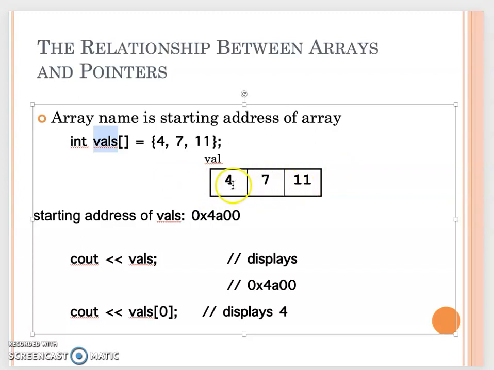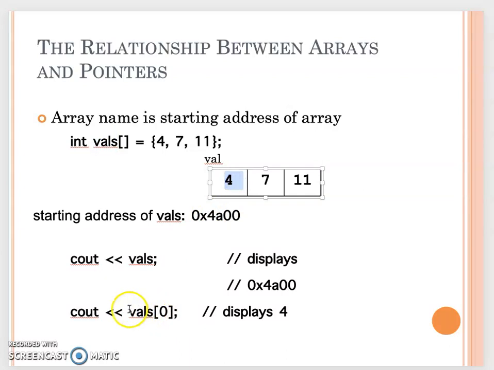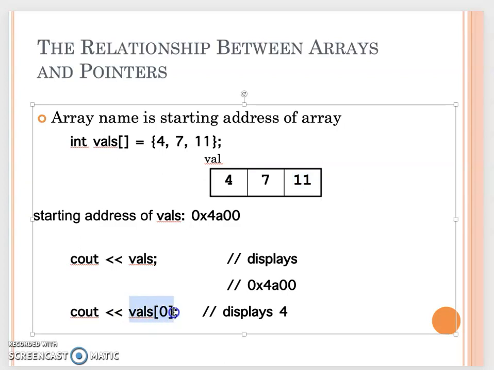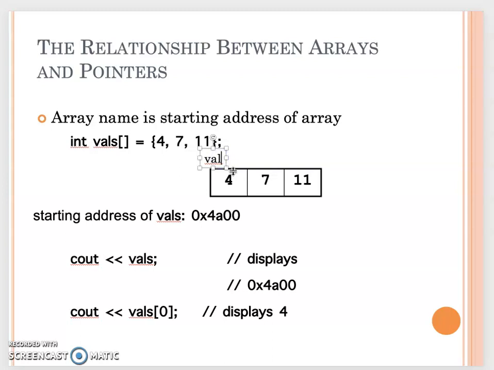And as I told you before, we can use vals index 0 to refer to 4, vals index 1 to refer to 7, and vals with square bracket 2 to access 11. So that's to access the elements one by one. But what I want to continue to talk about here is the vals array name.